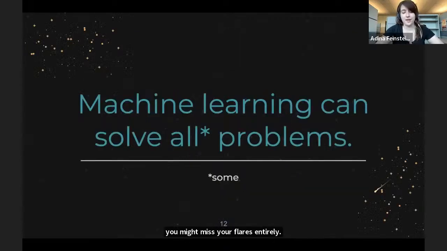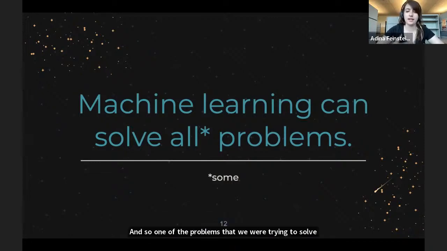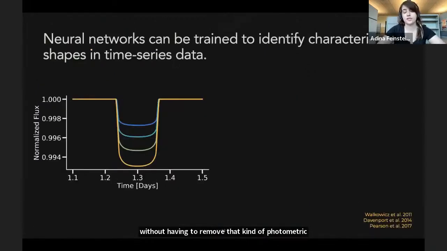So we've learned a lot about machine learning so far in this conference, and I'll give the caveat that we don't think that machine learning can solve all of our problems, but it can really solve some of them. And so one of the problems that we were trying to solve is whether we can find flares in young stellar light curves without having to remove that photometric variability. Convolutional neural networks are a great way to do this because you can train them to find characteristic shapes in time series data.